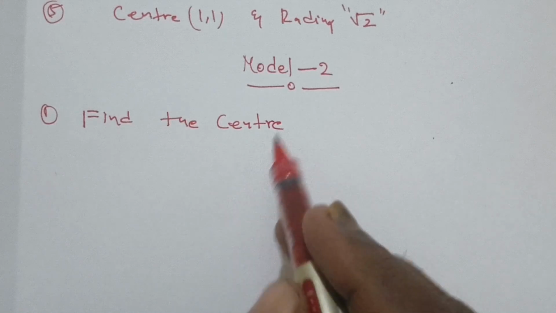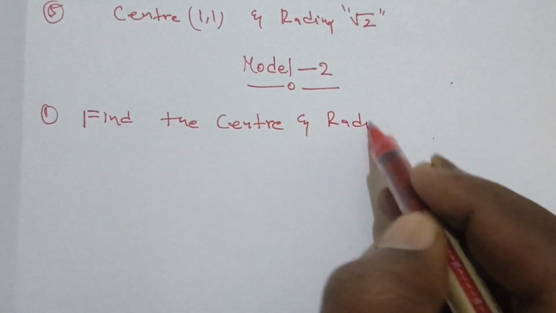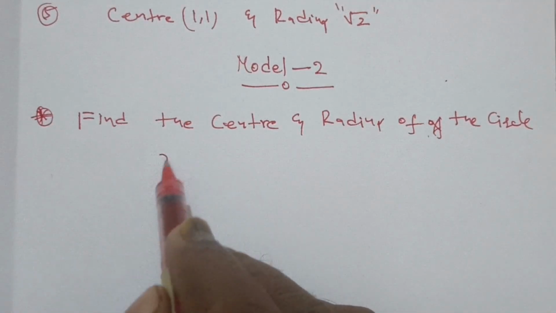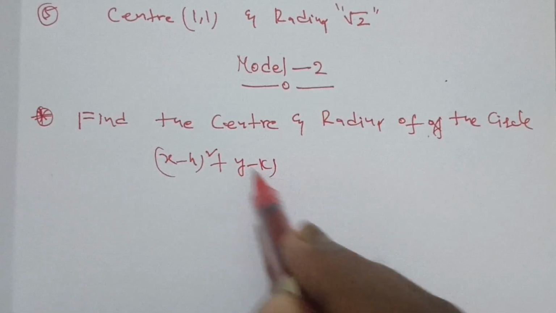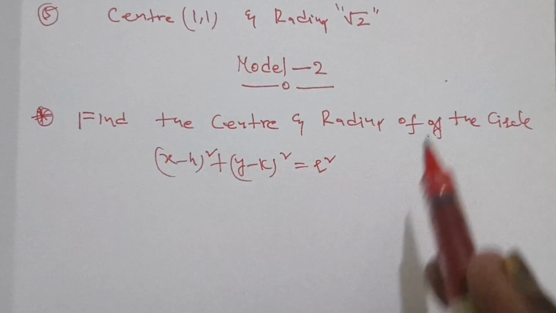The first formula is to find the center and radius of the circle when the equation is of the form x minus h whole square plus y minus k whole square is equal to r square.